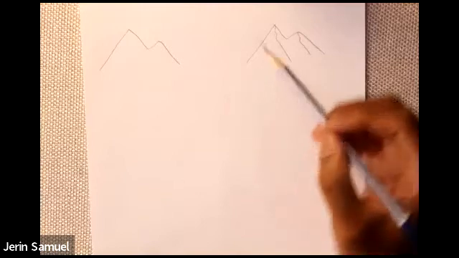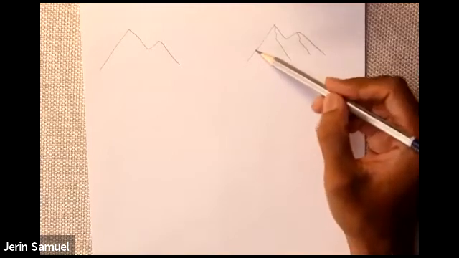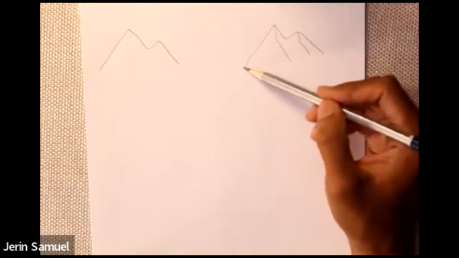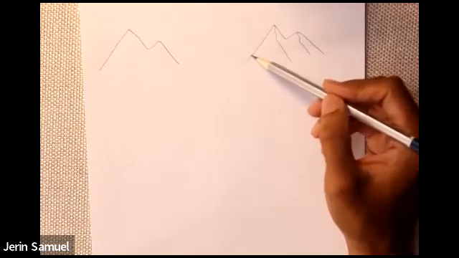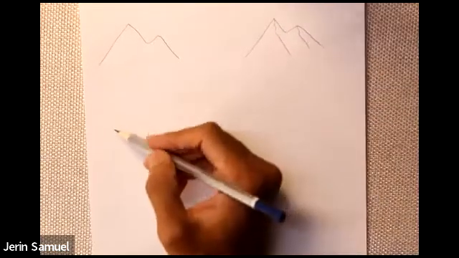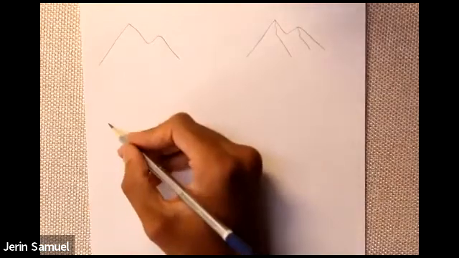Now I will show you what the third step is. In the third step, we are going to make the mountain have some uneven surface. Sometimes when we see a real mountain, it's not very even, it's uneven. So I will show you how an uneven surface looks.